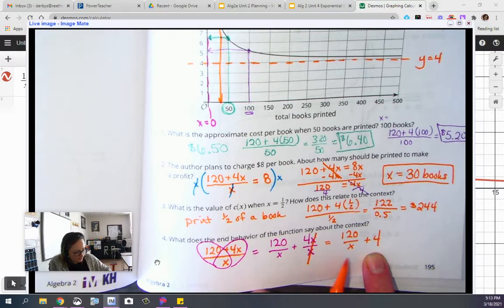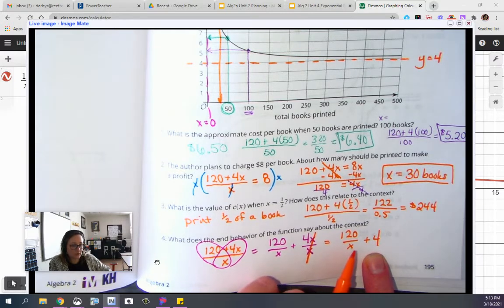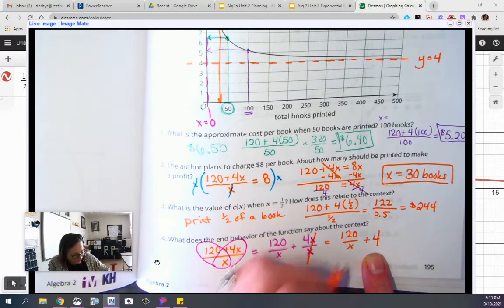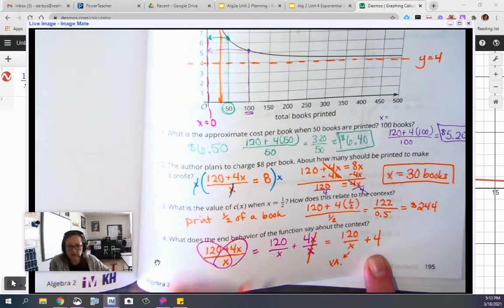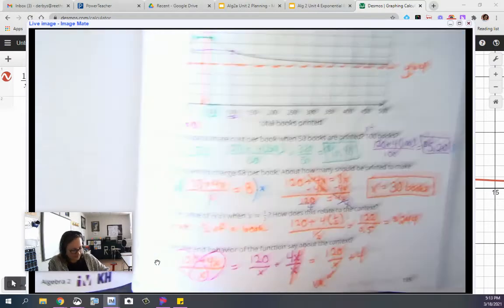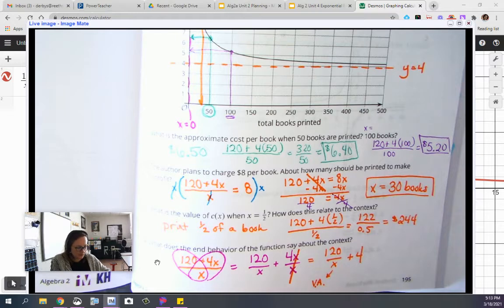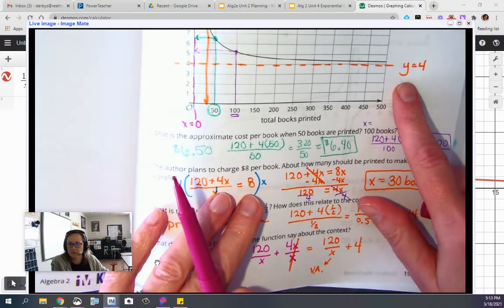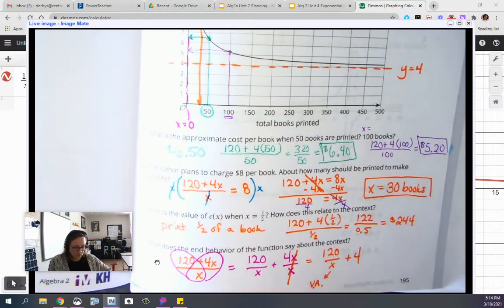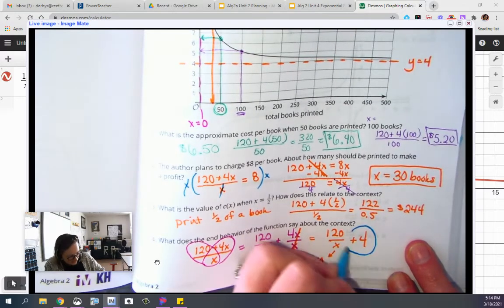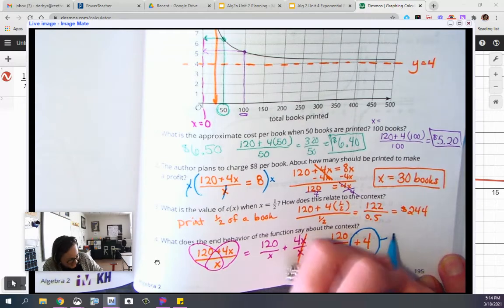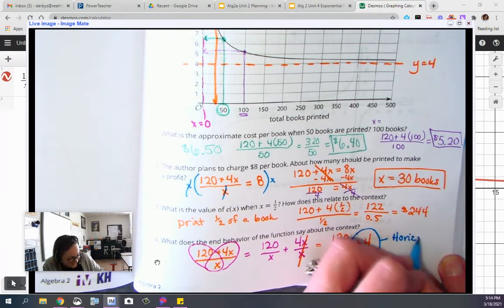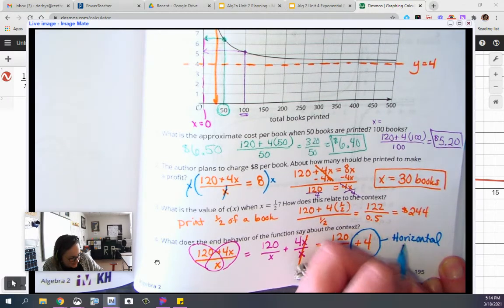Now, we already know that the denominator is where our vertical asymptote is coming from. I'm going to shorthand that as VA for a vertical asymptote. But do you remember up here where I said this thing has a horizontal asymptote at 4? This positive 4 is the horizontal asymptote.